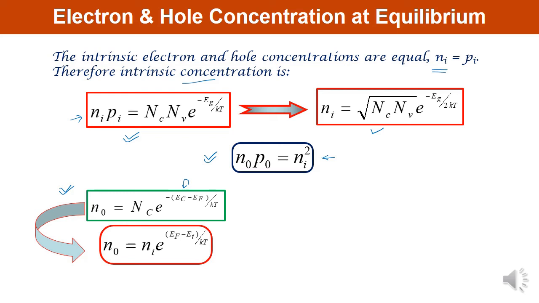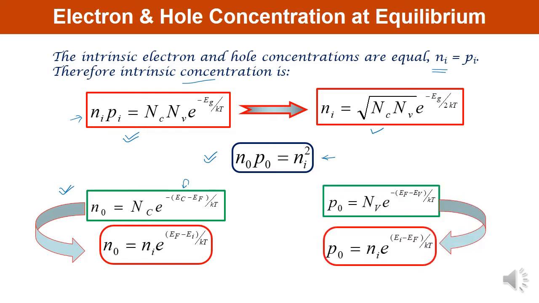Similarly, you can calculate the concentration of holes as well. What is p naught? It is Nv e raised to the power minus (Ef minus Ev) upon kT. Just you have manipulated the terms. This is minus Ef plus Ev, and this Ev is the intrinsic level, which is being written as Ei. So p naught is Ni e raised to the power (Ei minus Ef) upon kT.